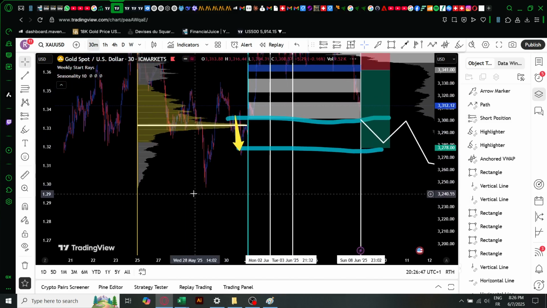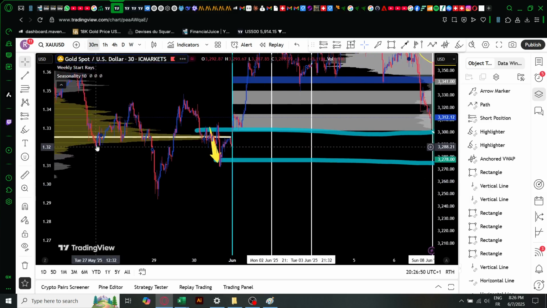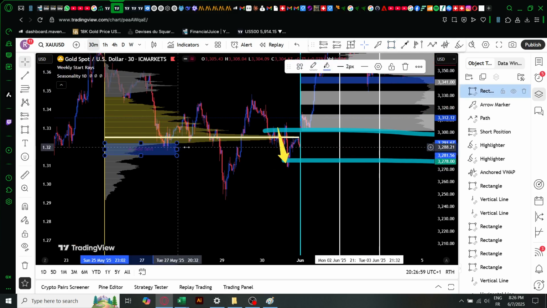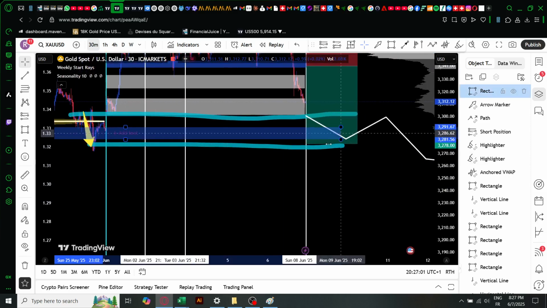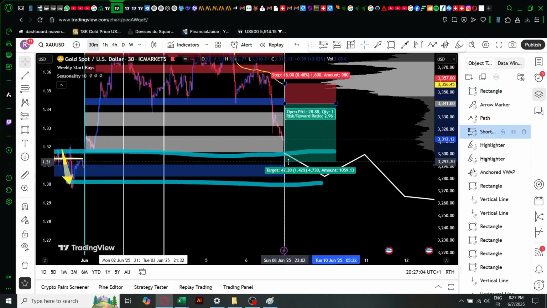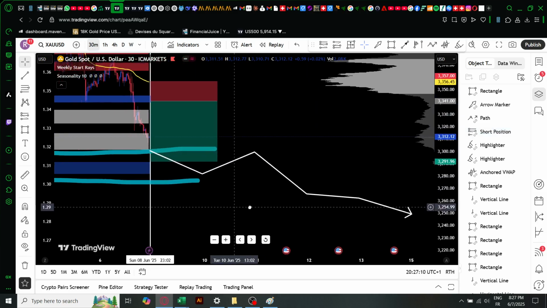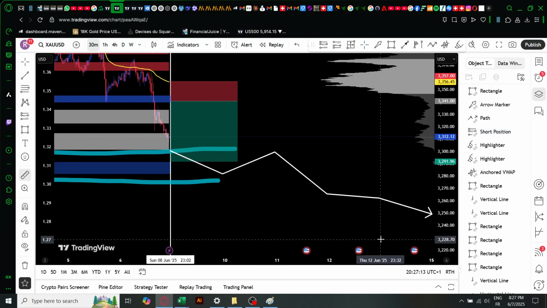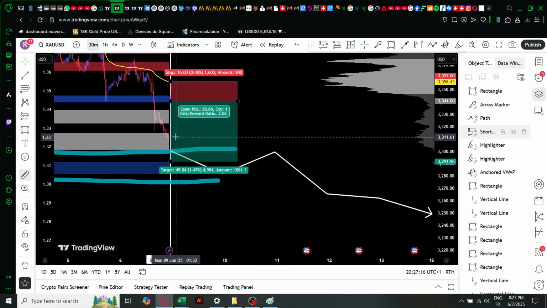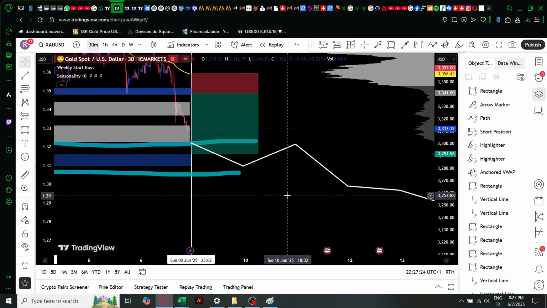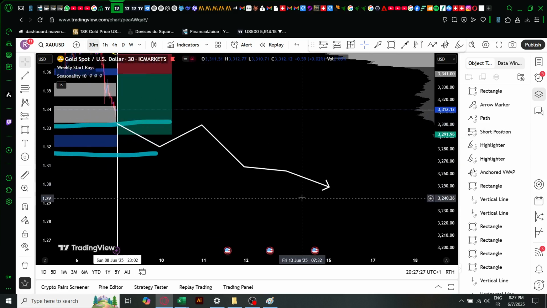Of course, I can put my entry a little bit early, like on this level or before it. Let me just mark it for you. I can put my TP in here, just to not take any risks. But this is a very strong bearish seasonality, so price closed here, so it's very unlikely to move only 0.5% in this strong bearish trend.